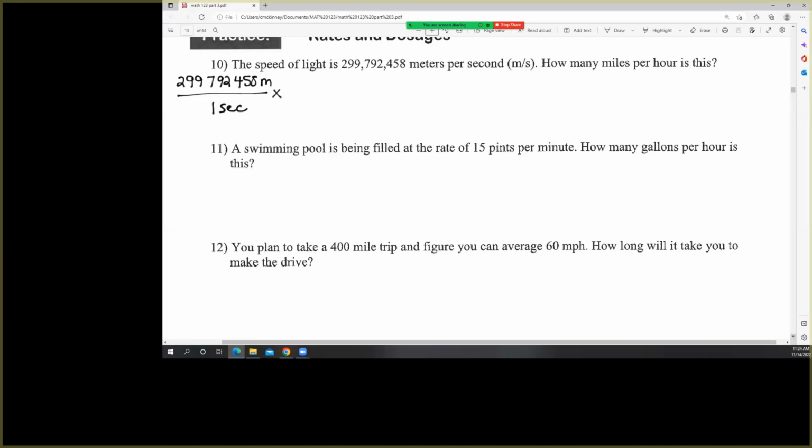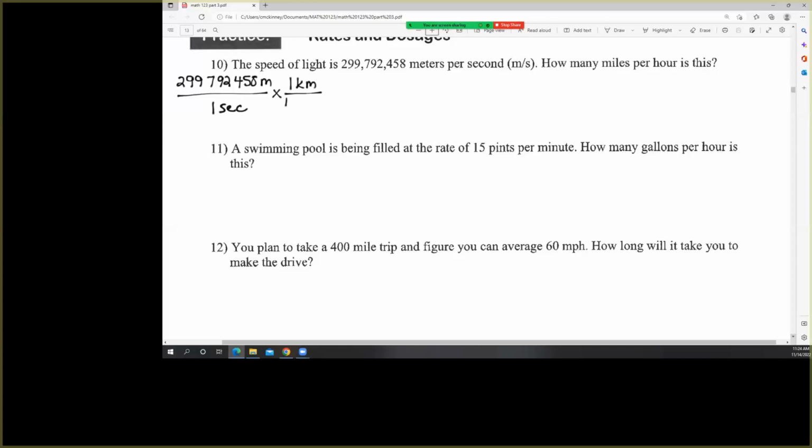We could go meters to yards, but on your list you don't have directly a yards to miles, so that's going to take an extra step. So maybe kilometers, because then that goes directly to miles, right? Sometimes the rounding makes it slightly different if we do it a different way.